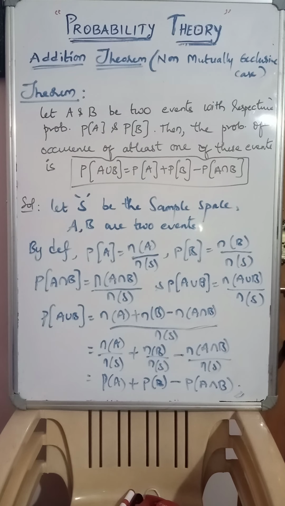Therefore, probability of A union B equals, according to the definition, n of A plus n of B minus n of A intersection B. Clear?